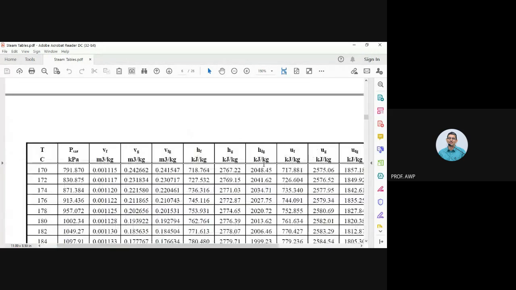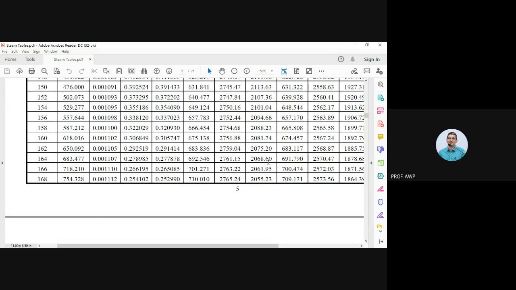So if we look at 180 degrees centigrade, latent heat is 2013 kilojoules per kg. Do you agree with that? Yes, sir. Just remember that number, 2013.